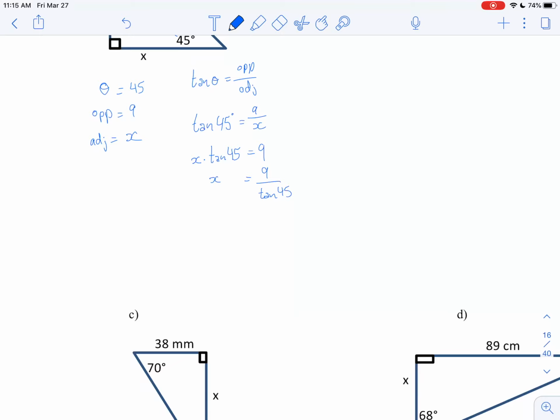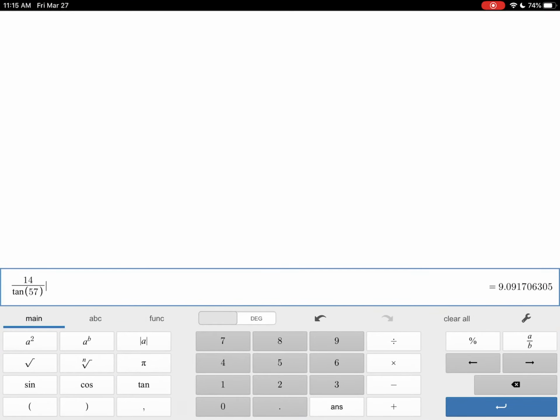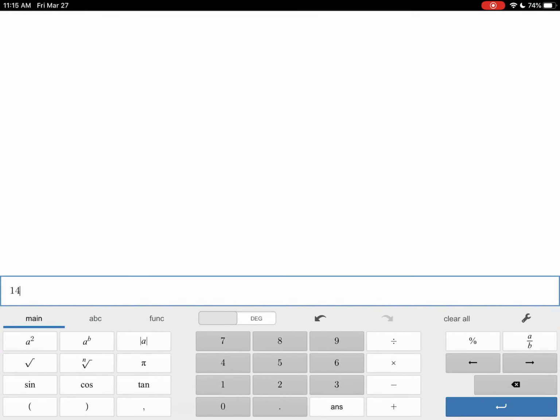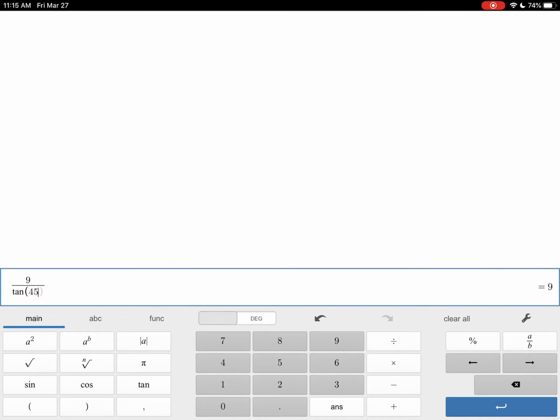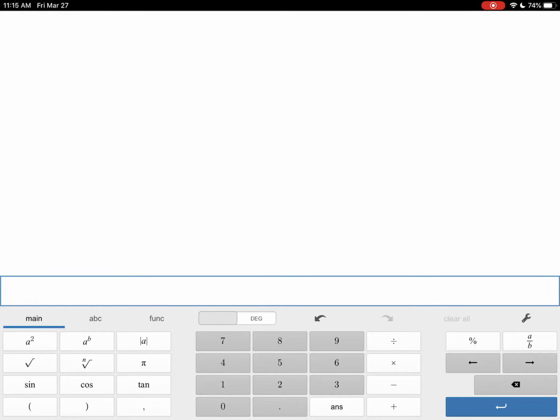I'm going to throw this into my calculator. 9 divided by tan 45 is equal to 9. That's weird. So I'm going to do a little double checking just to make sure everything is good there. What do you notice that tan of 45 is equal to? It's equal to 1. That's a pattern that's going to come up over and over and over.